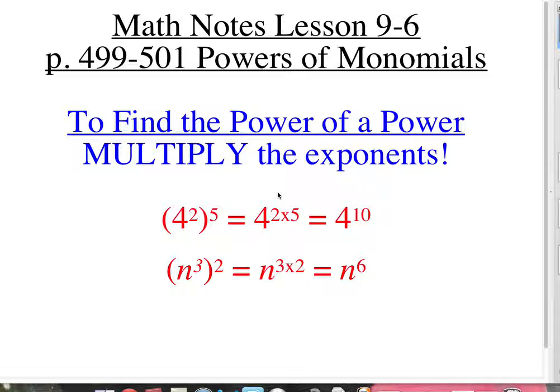So, we've been working with exponents a lot in this unit, and we've been working with monomials. We're going to continue our investigation of exponents with monomials today. Before we get started with this particular lesson, I just want to do a quick review.